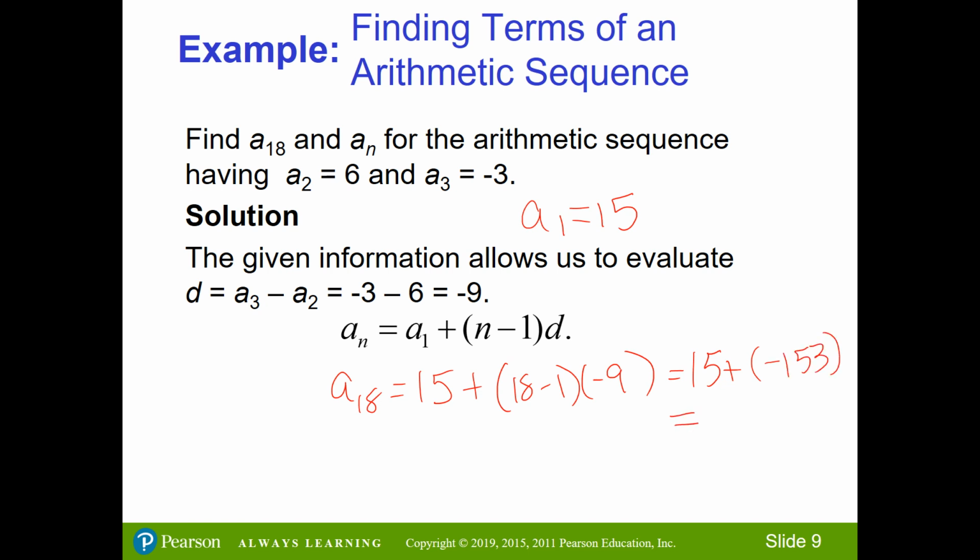And then if I add 15 to that, that should take me to negative 138. Now the a sub n term would be my 15 plus n minus 1 times the negative 9. So distributing the negative 9, I would have 15 minus 9n.